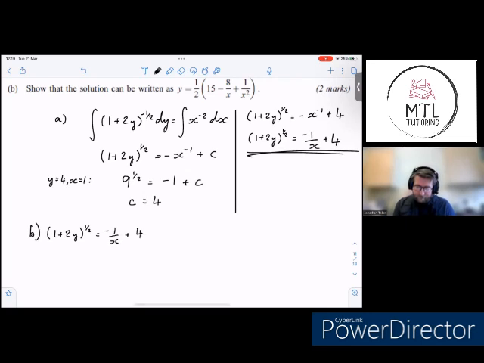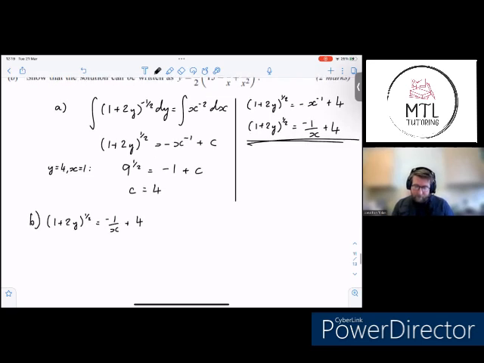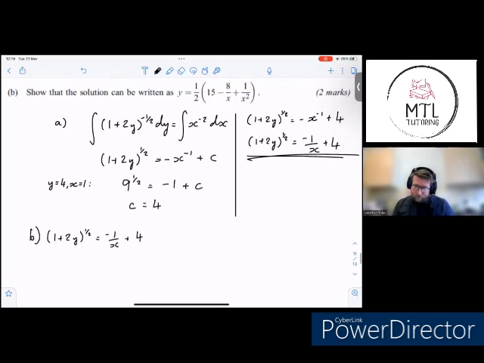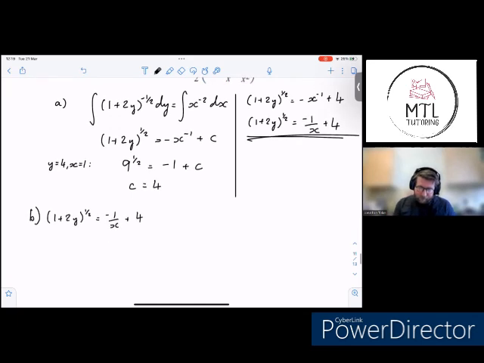So we want to make y the subject. So square both sides. We get 1 plus 2y.